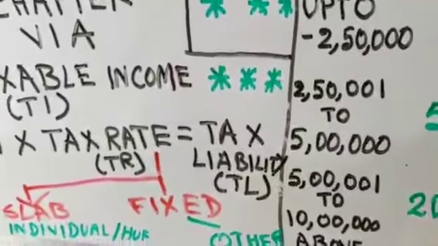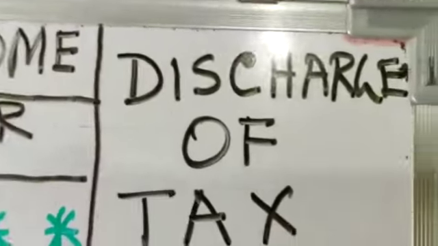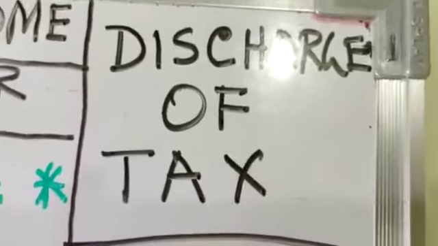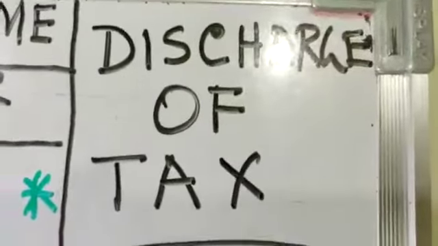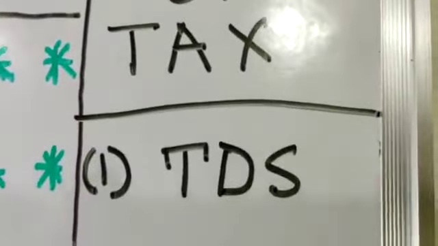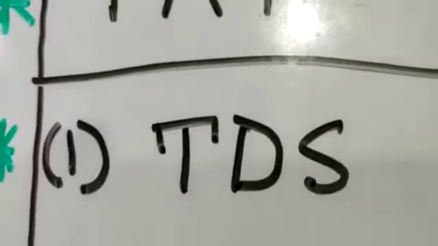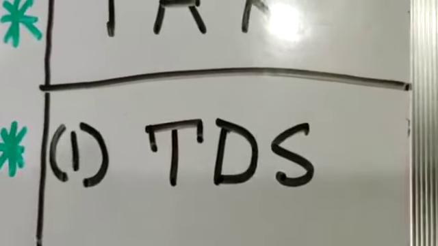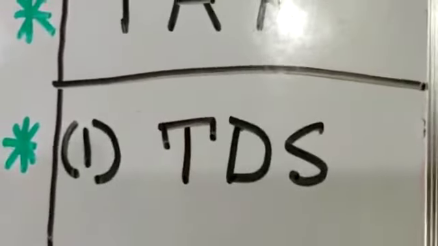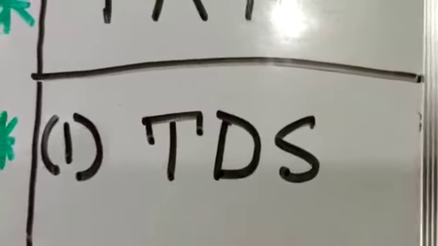How will I discharge my tax liability? To discharge the tax liability, there are three ways. First is that I may discharge the tax liability by way of TDS. In the previous classes, you have learned how to deduct the TDS. You have seen that if you purchase some things, some expenses, some services, then you need to deduct the TDS.